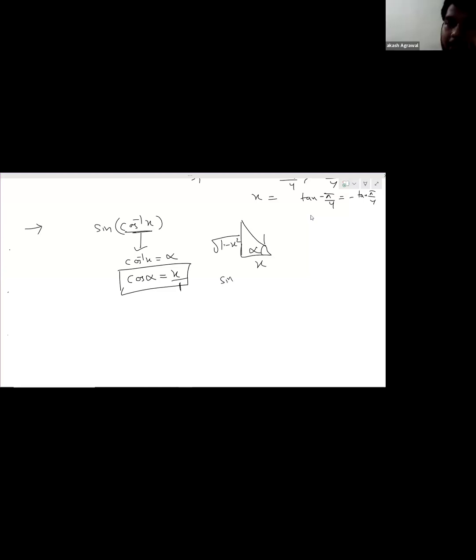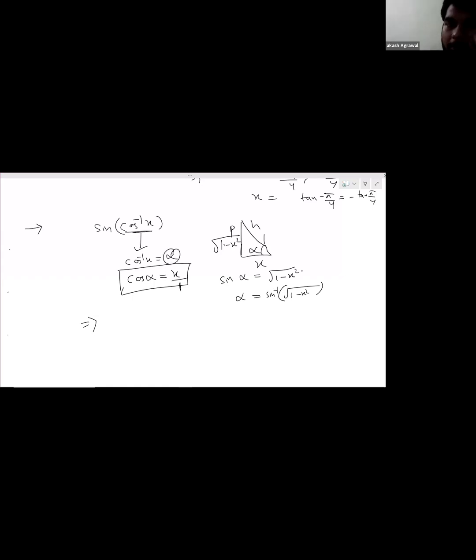So what will be sine alpha? Root of 1 minus x square by 1, perpendicular upon hypotenuse. And alpha will be sine inverse of root 1 minus x square.